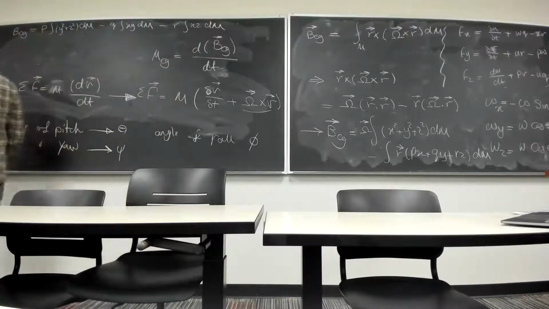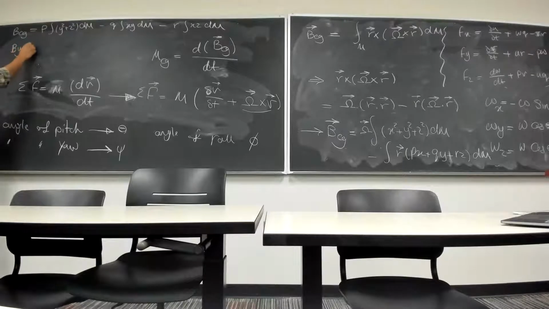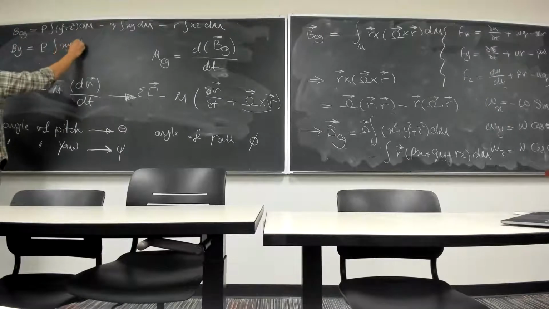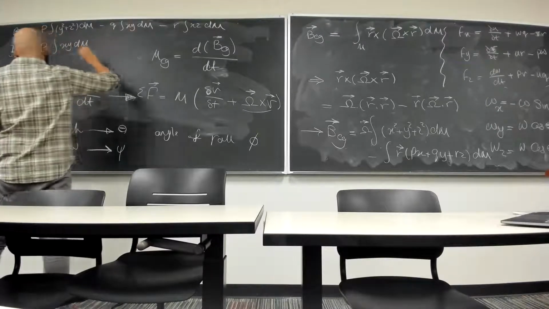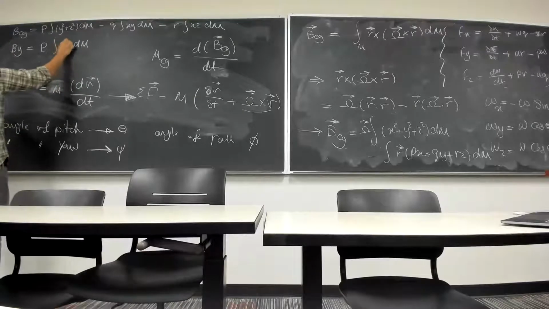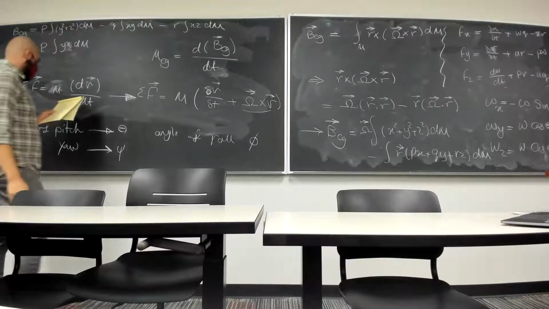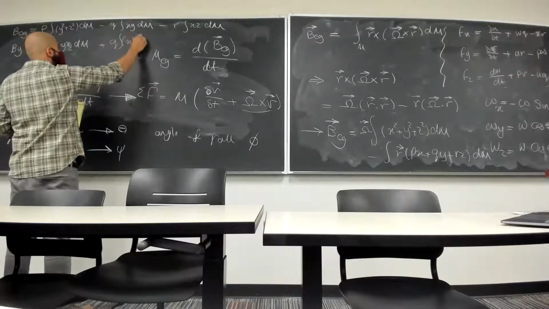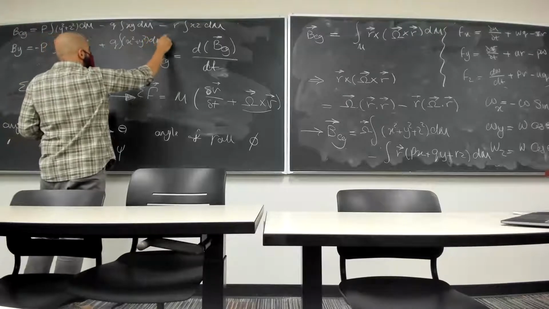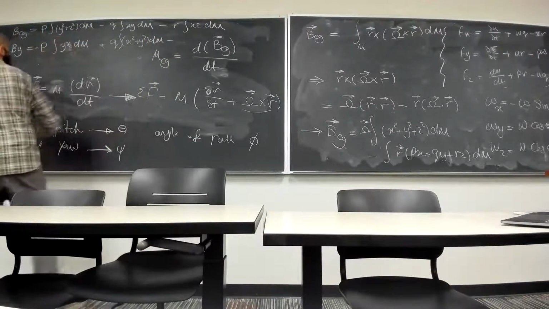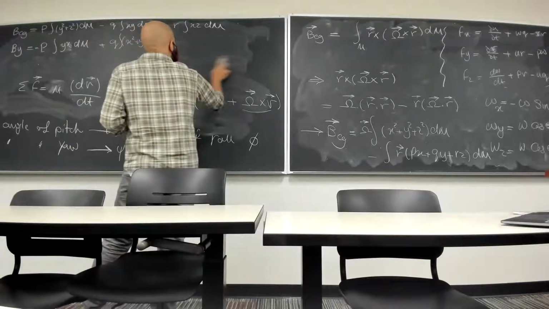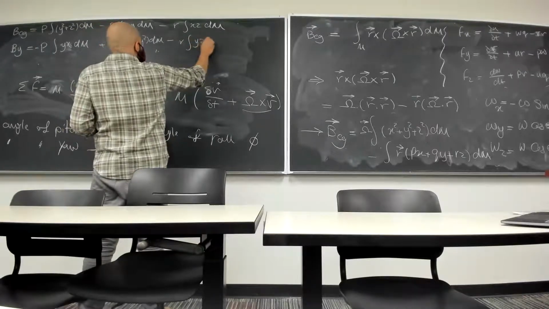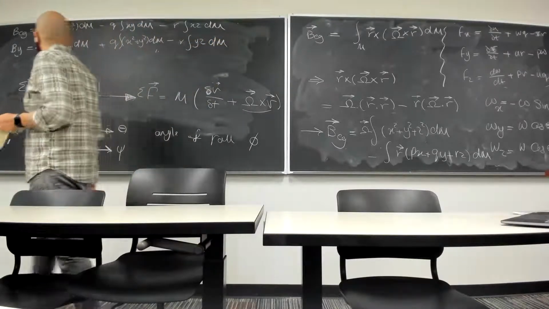Then the y component is going to be minus p integral of xy dm, and there's also a negative sign on yx, plus q integral of (x squared plus z squared) dm, minus r integral of yz dm.